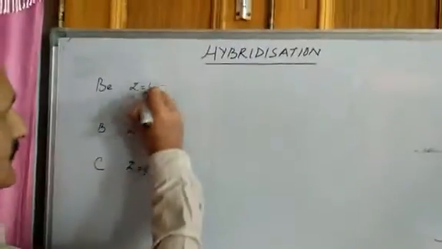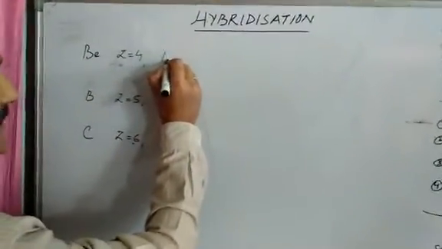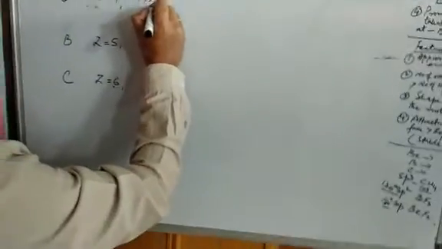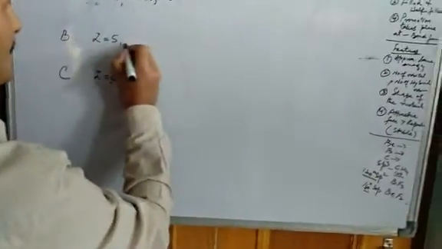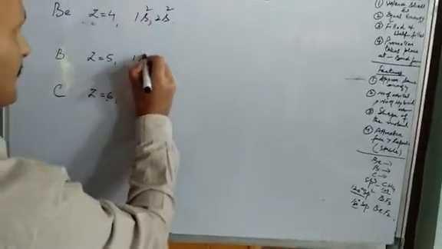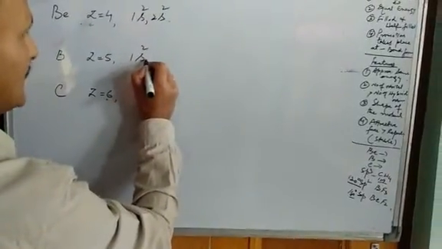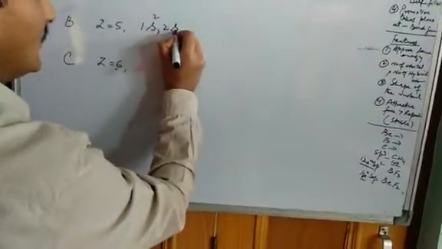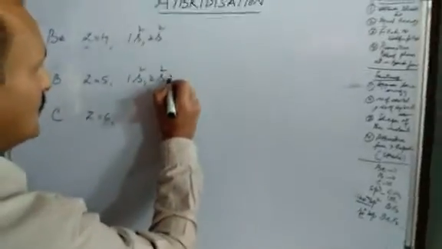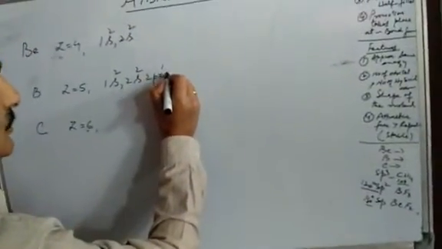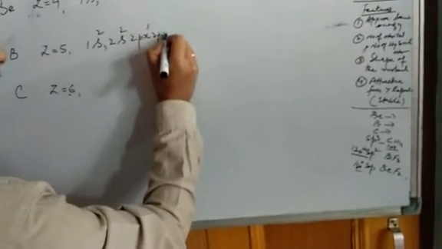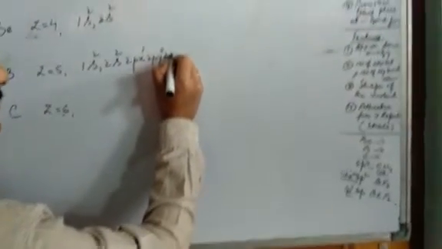Now let us go to their electronic configuration. The electronic configuration of beryllium is 1s2 and 2s2. Then the electronic configuration of boron is 1s2, 2s2, 2px1, 2py0 and 2pz0.